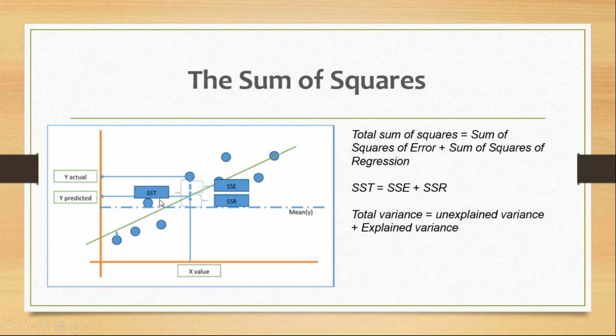The total sum of squares will be the actual value with its deviation from the mean. The sum of squares of errors will be the actual value minus your predicted, the sum of all those values. And the sum of squares of regression will be my predicted value minus the mean value of y.